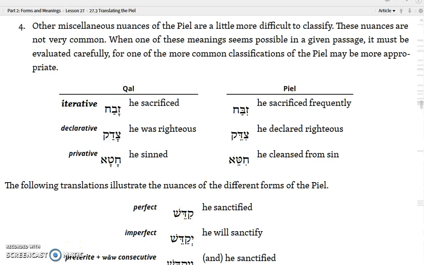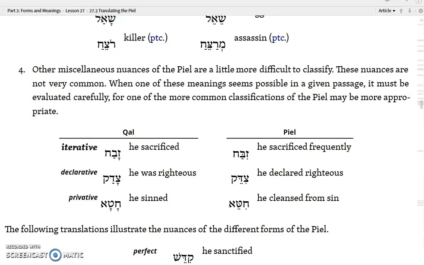That's the declarative meaning of the Piel. Then there is the privative meaning of certain verbs. So you have chata, he sinned, but then make it Piel, chitte, that means he cleansed from defilement. He cleansed from sin. He de-sinned you.